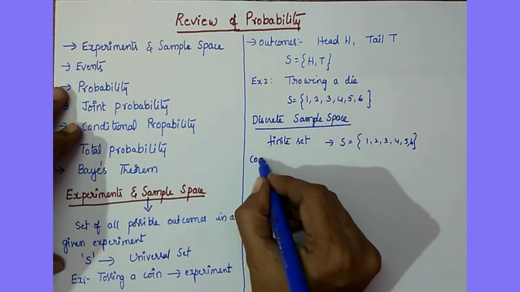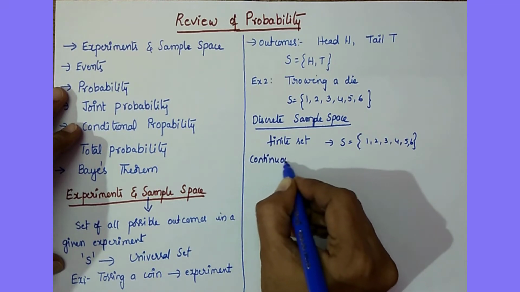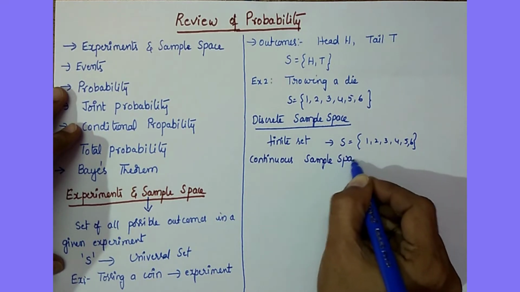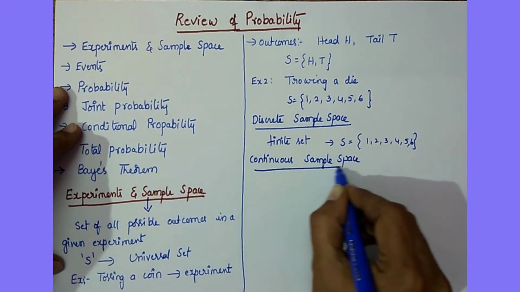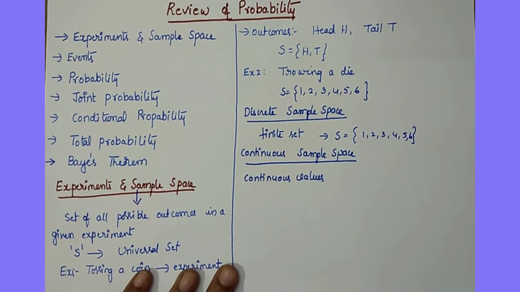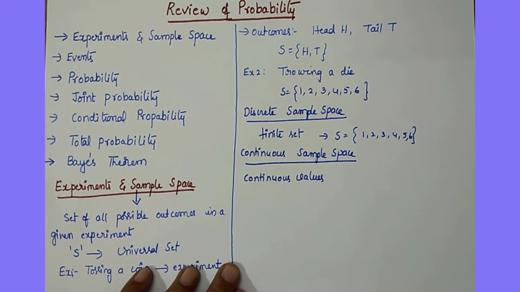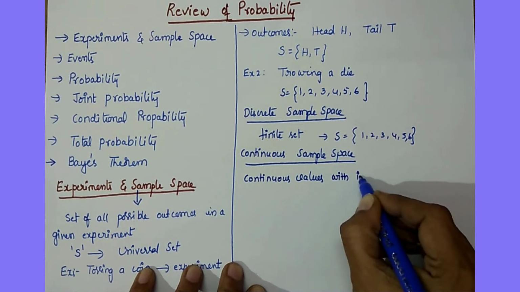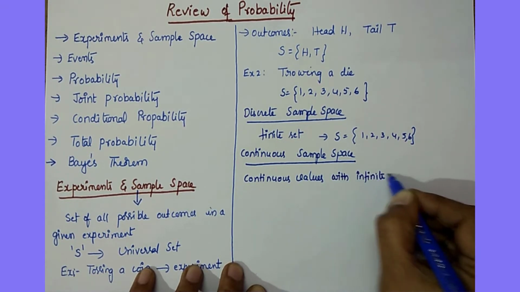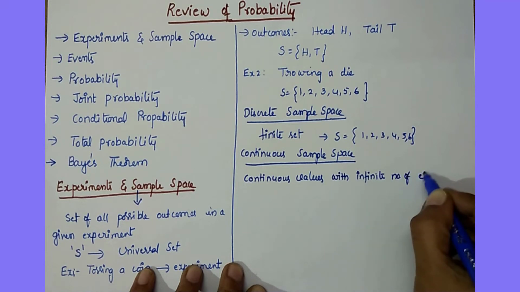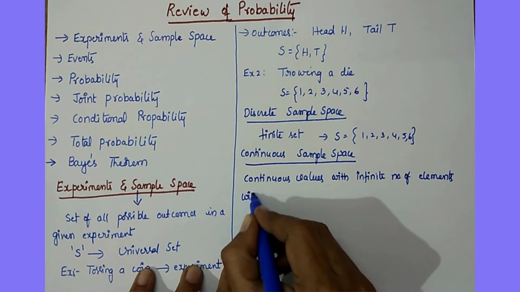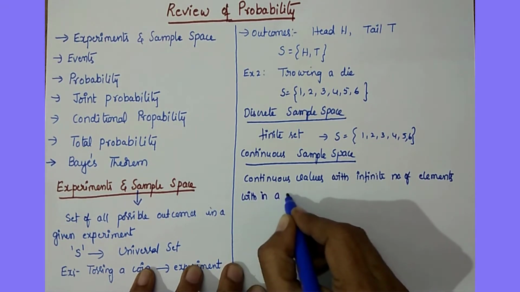Then if you go for continuous sample space, continuous sample space means a sample space contains continuous values with infinite number of elements within a given range.